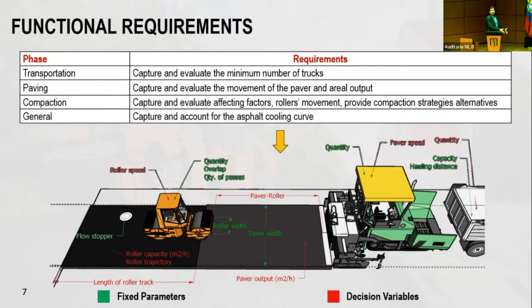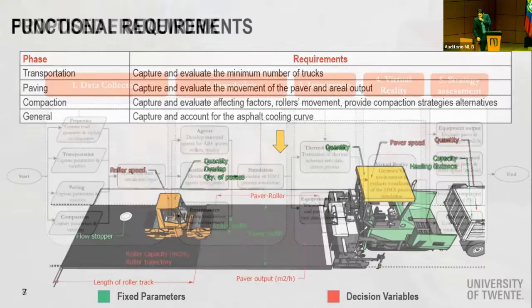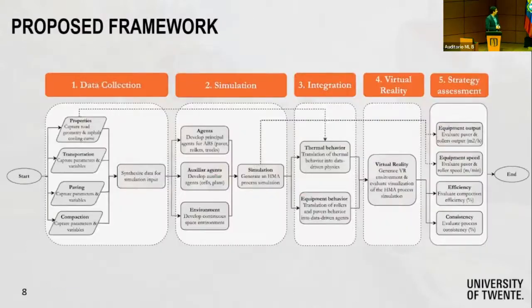So we developed a whole list of parameters. Some of them are fixed. For a specific type of project, like the geometry of the road and the layer thickness, these are things that you know. But there are certain parameters that you need to decide as a decision maker. So we identified all those decision parameters through interviews with the actual planners.